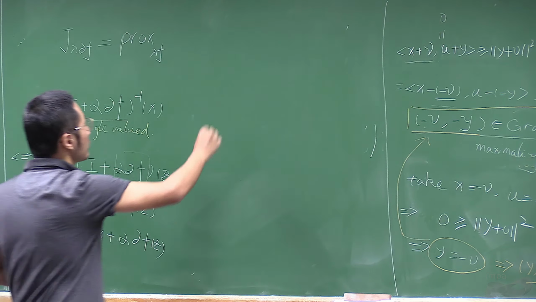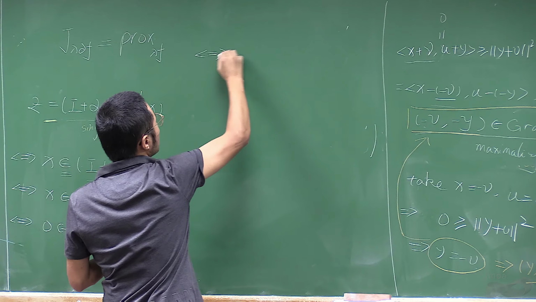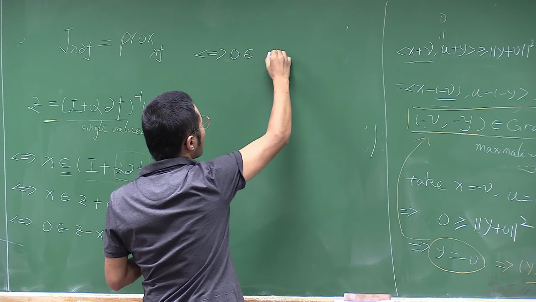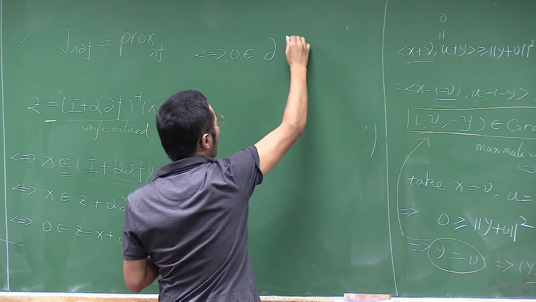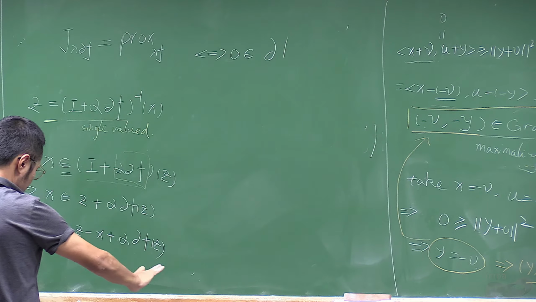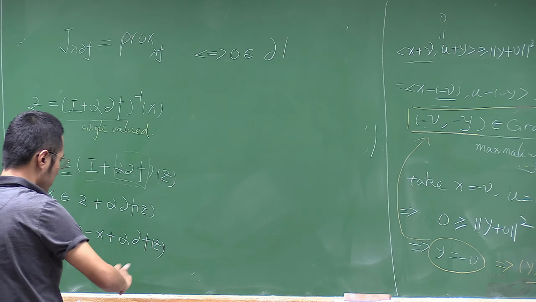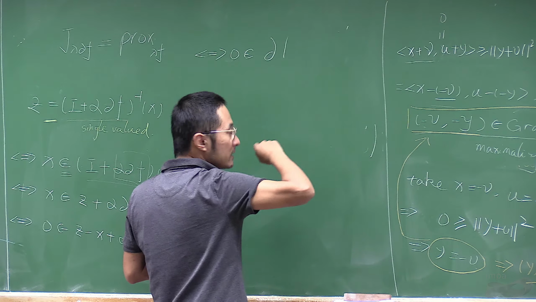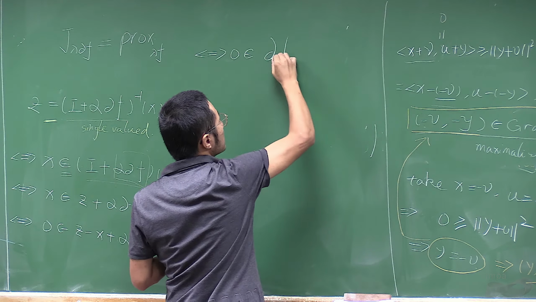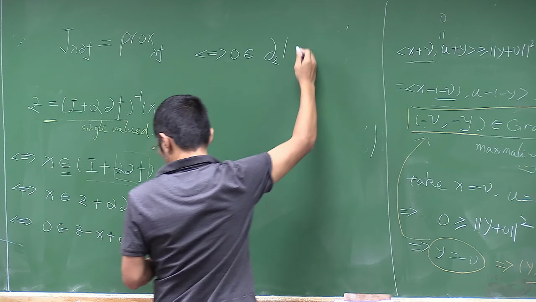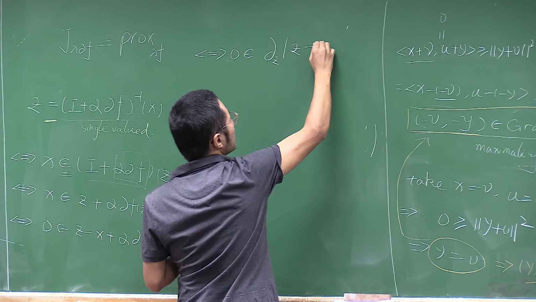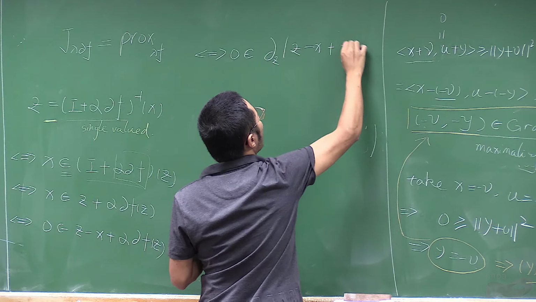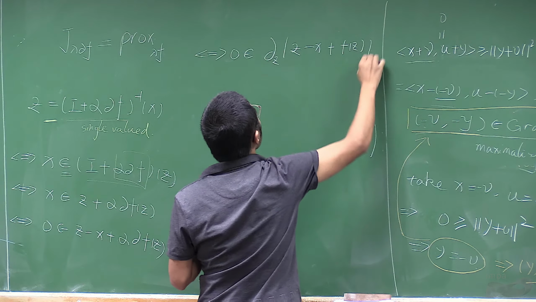So this is equivalent to saying 0 belongs to the subdifferential of the whole function with respect to z, that is, the subdifferential of 1 over 2 times the norm of z minus x squared plus alpha f of z.